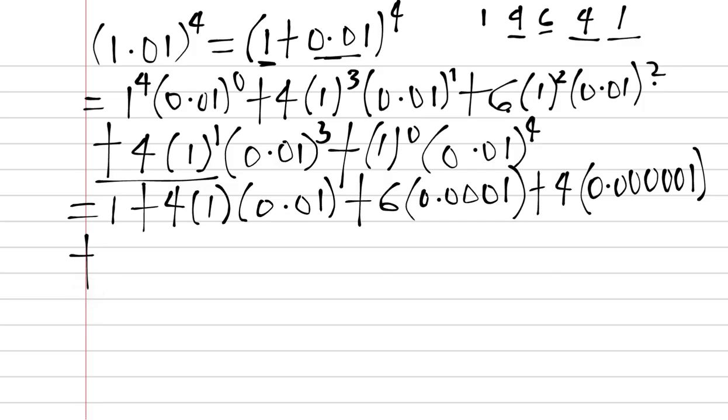Plus 1 raised to power 0 is 1. Then 0.01 raised to power 4. That will give us how many zeros now? 9 zeros. We are going to have 9 zeros now, but the first one will be in the front.